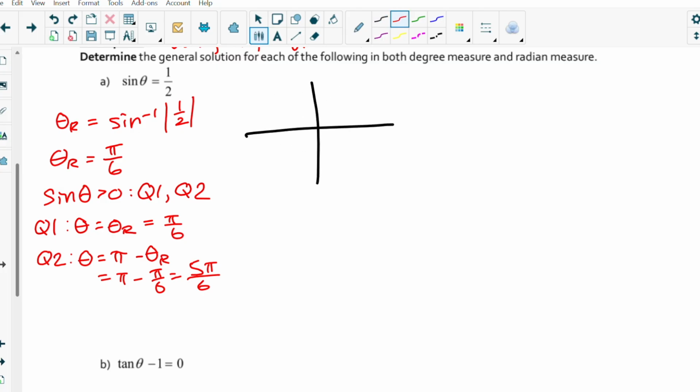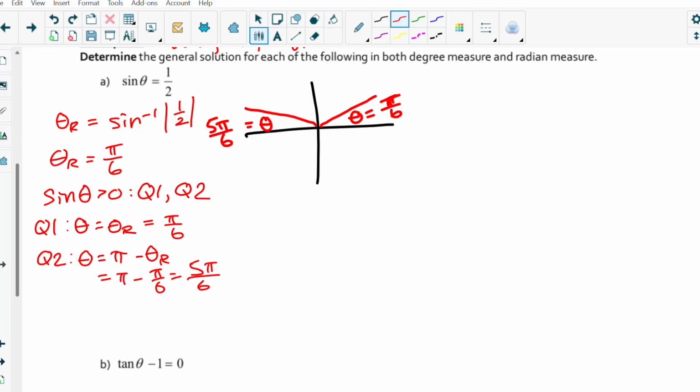If I look at pi over 6, there's theta. And then 5 pi over 6 is over here. Two solutions, so they're not pi radians apart.